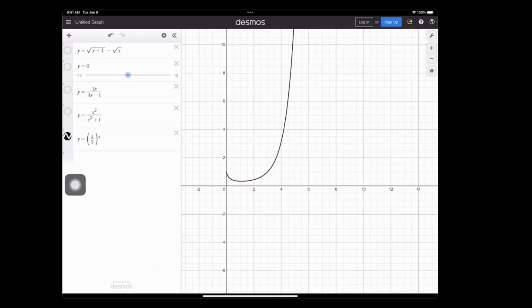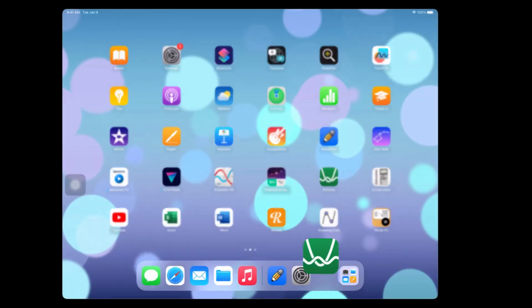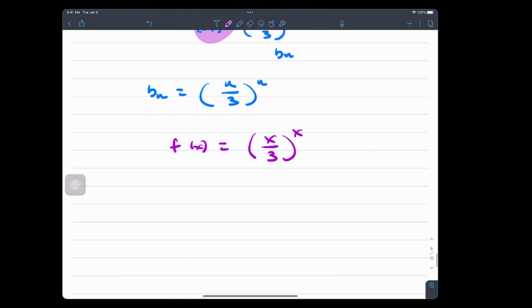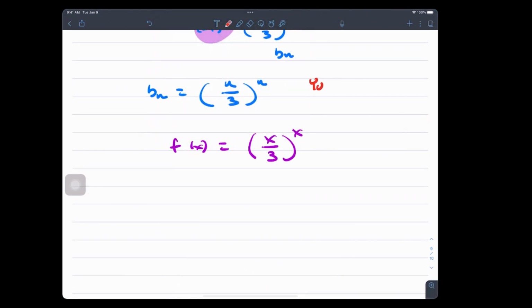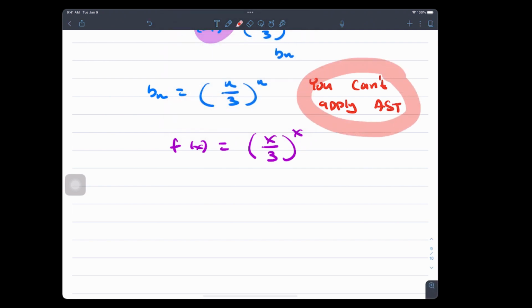So, what do you guys see going on with this function there, right? This isn't even decreasing. This is increasing. So, I'm going to say to you guys, you can't apply the alternating series test. Is that right? That's an important detail.